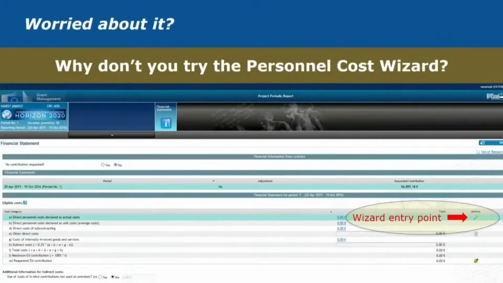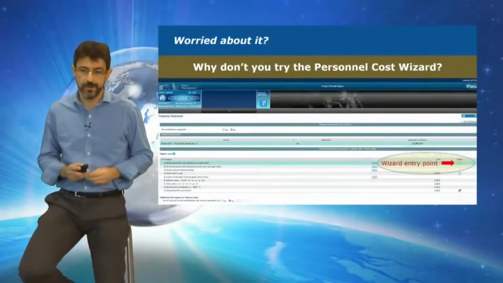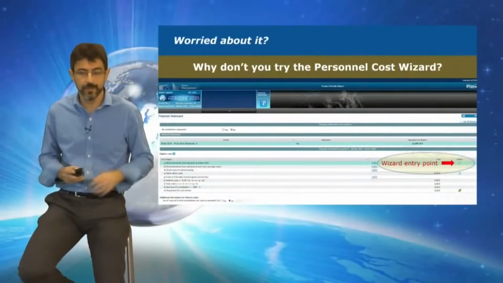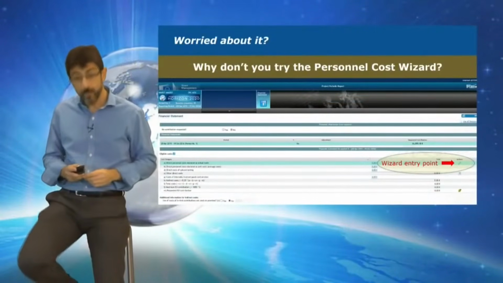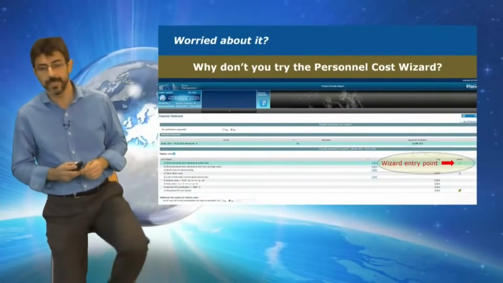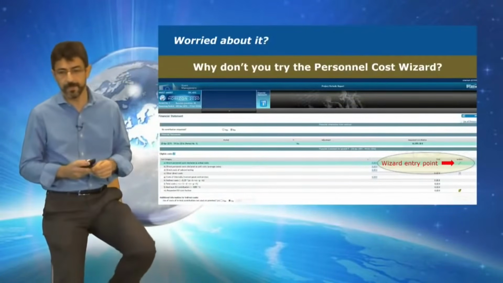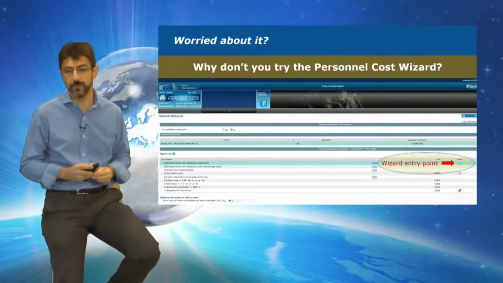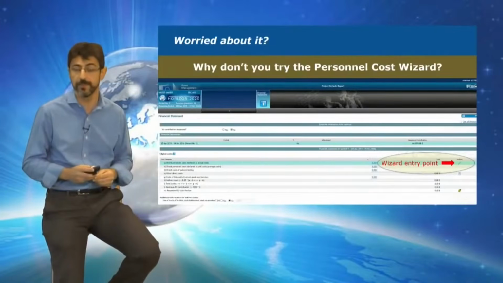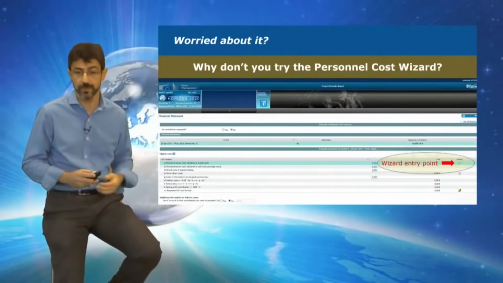Well, what we have done to help you in that situation, or for instance, if you are just a one-time participant in Horizon 2020 and you are worried that you might be missing some elements, we have prepared a wizard, so an IT tool to support the calculations that verifies automatically this double ceiling and helps you through your choices.